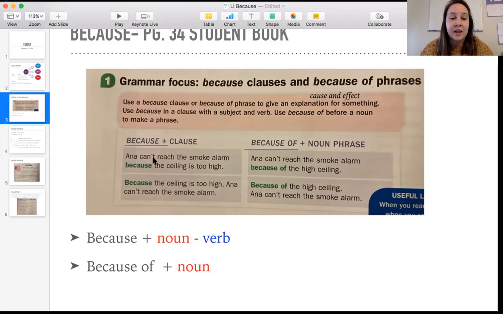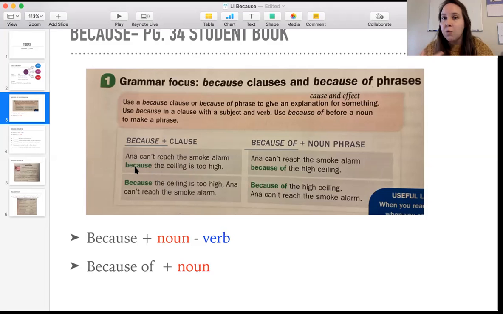It says, Anna can't reach the smoke alarm because the ceiling is too high. The cause is the ceiling is too high. The effect is that Anna can't reach the smoke alarm. We're just using because since we have both a noun, the ceiling, and a verb, is. So it is a full noun verb clause.